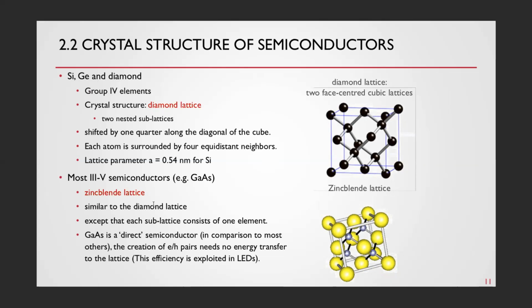Gallium arsenide is a direct semiconductor. That is special. Direct means that the creation of an electron-hole pair needs no energy transfer to the lattice, because electrons and holes have slightly different dynamics in most semiconductors, because the effective mass is different.